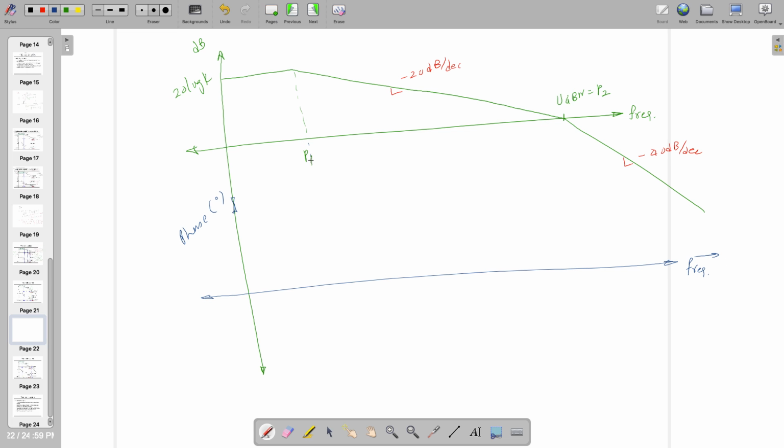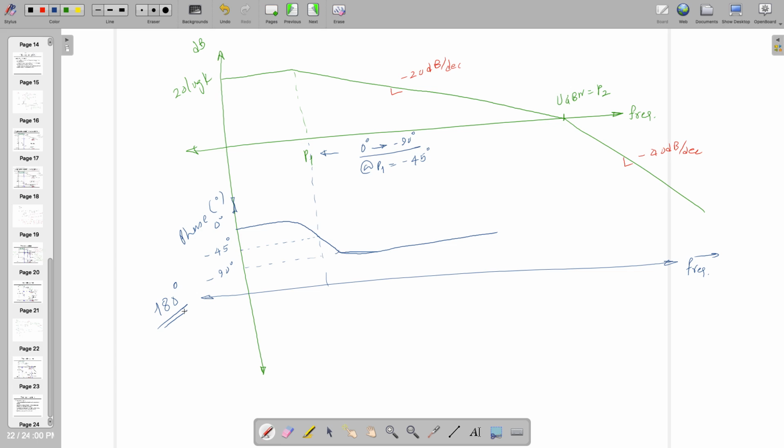At P1 we know that this is going to give me 0 to minus 90 degree of phase contribution, and at P1 the contribution is minus 45 degree. So here it's minus 45 degree and it starts with something like this. So this is going to be minus 90 degree, this is 0 degree. By the way, notably this line is 180 degree.